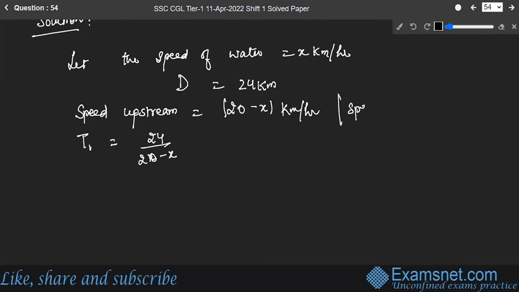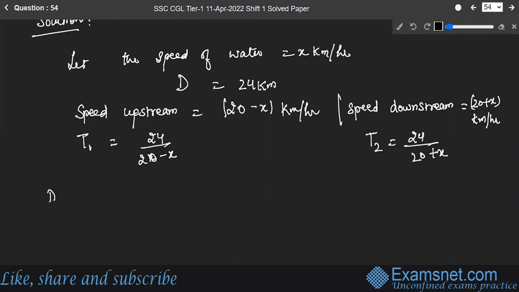Similarly, speed for downstream. Now both are moving in the same direction, so it will be added, correct? And what will be the time in this case? It's 24 upon 20 plus x. According to the question, T1 minus T2 is equal to 30 minutes.